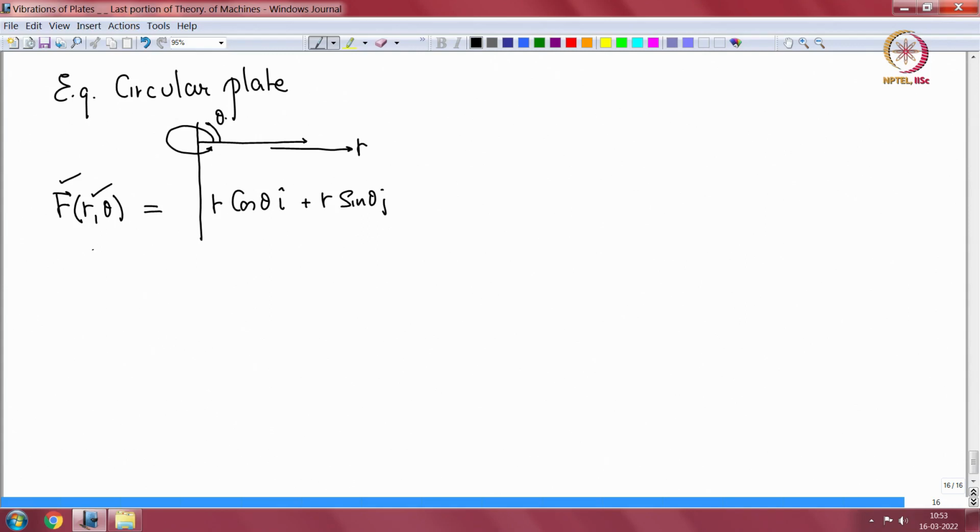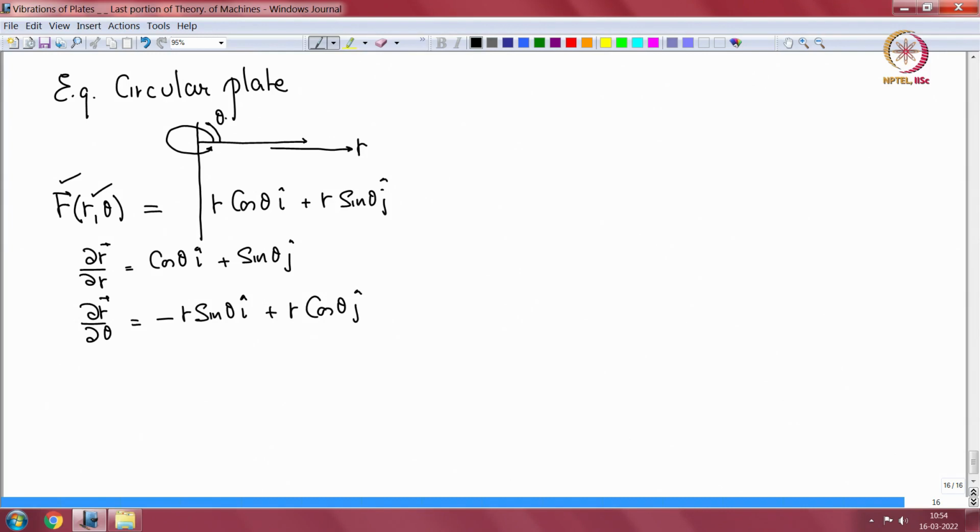So that my del r by del r is equal to cos theta i plus sin theta j, and del r by del theta is equal to minus r sin theta i plus r cos theta j.